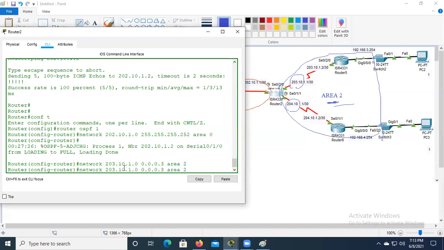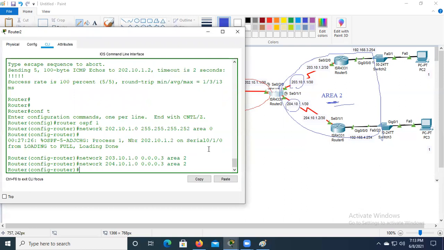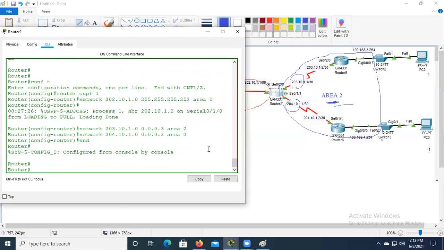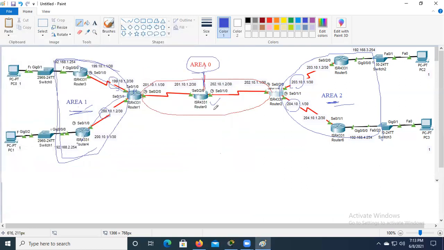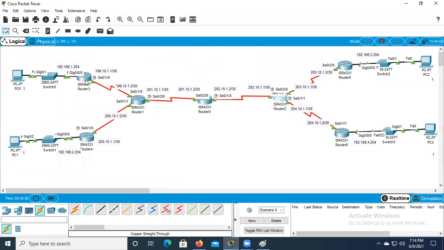The 204 network again should be in area 2. Then end. So this router is done, this router is done, this router is done. Now I have to do our internal routers, and both of them are in the same area, area 1. This router.